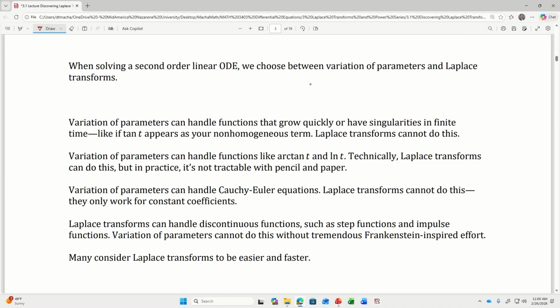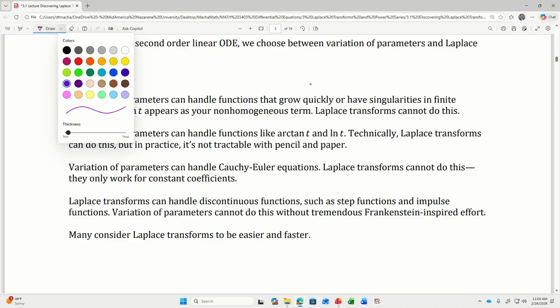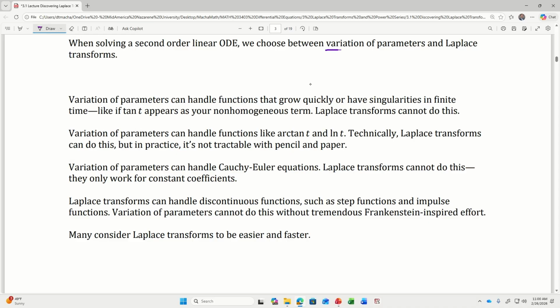I mentioned briefly that when we are solving a second order linear ODE, we choose between variation of parameters and Laplace transforms, because these are two methods that could solve the same set of problems, right? Variation of parameters can handle functions that grow quickly or have singularities in finite time.